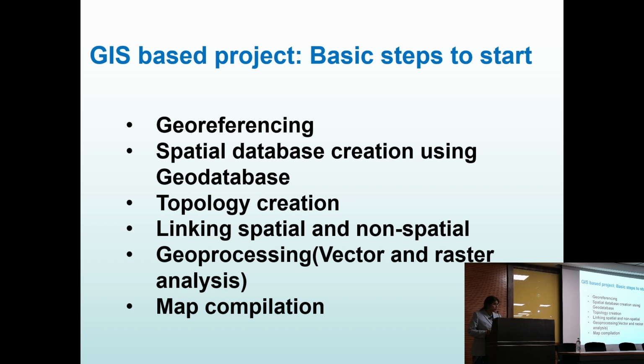Like administrative boundaries, which are there without any gap. If you look at the district map of Jharkhand, different districts are adjacent to each other, and there is no gap in between. So this is termed contiguity.